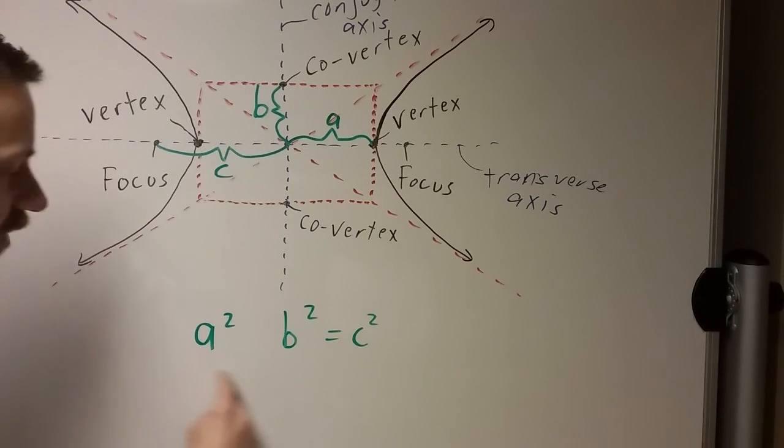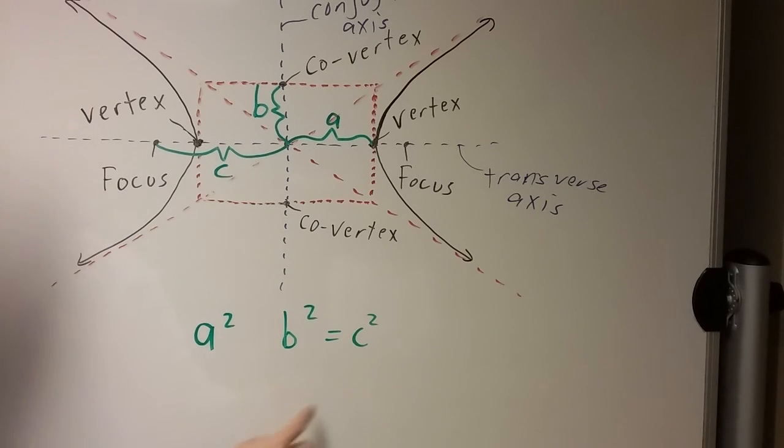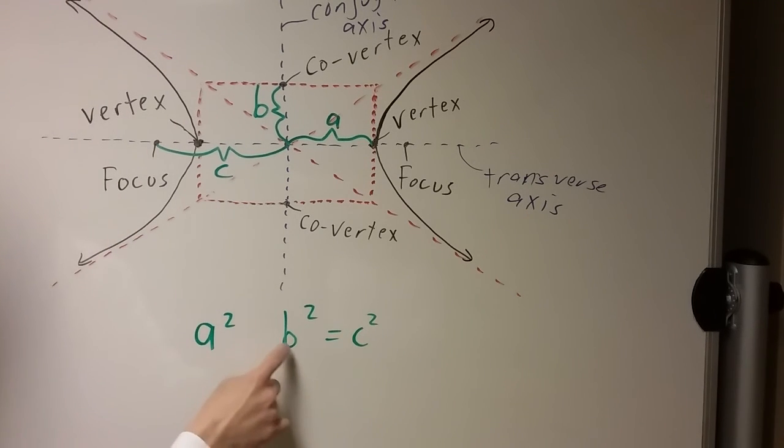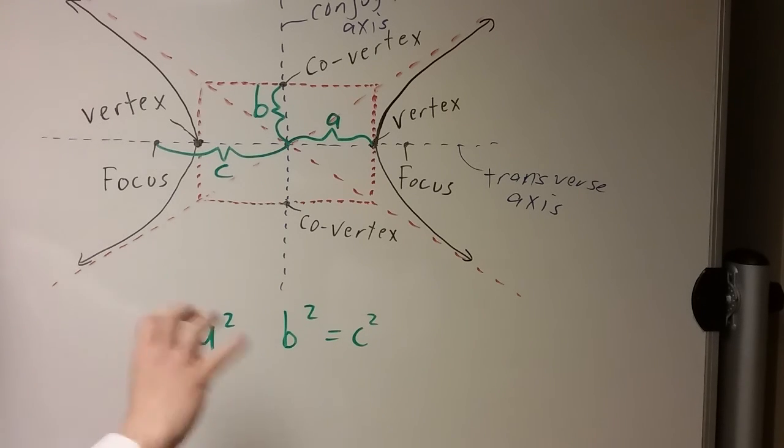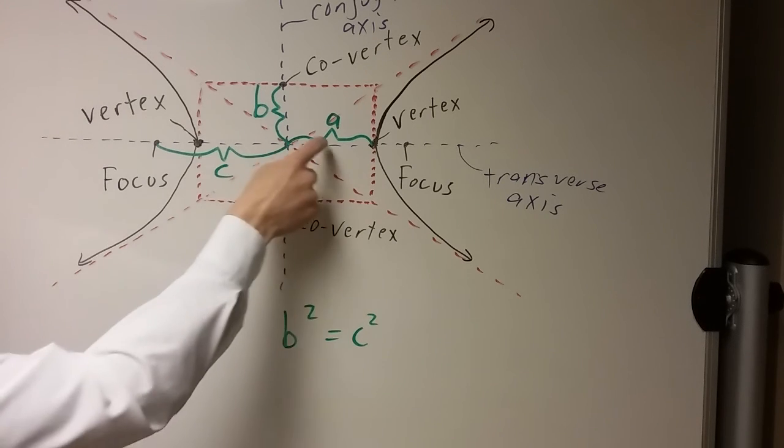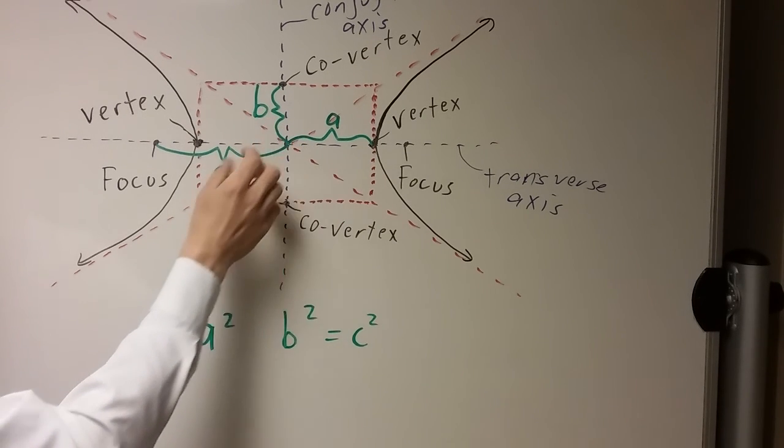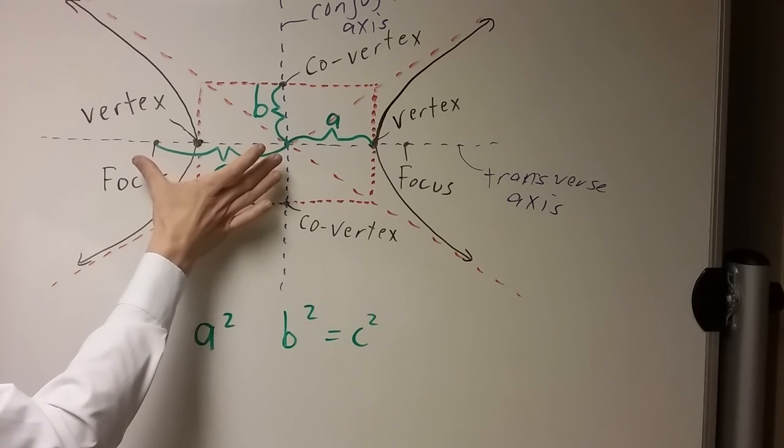Now, this relationship, we had something that looked like this for ellipses. For ellipses, it was A squared minus B squared equals C squared, or B squared plus C squared equals A squared if you wanted to just do some algebra and rearrange it. On this one, do you notice which one's the longest of A, B, and C? C is the biggest of the three.